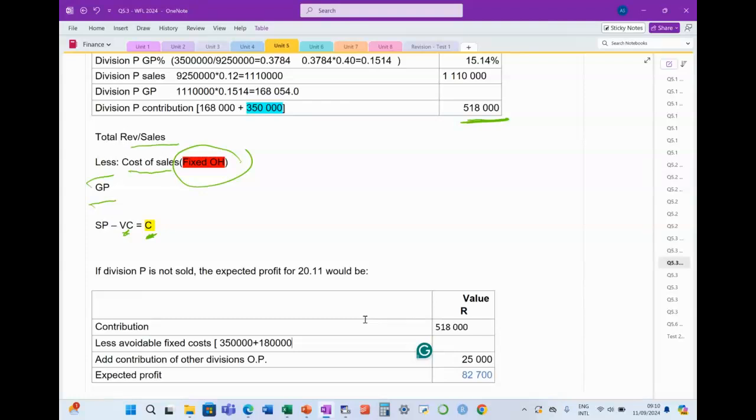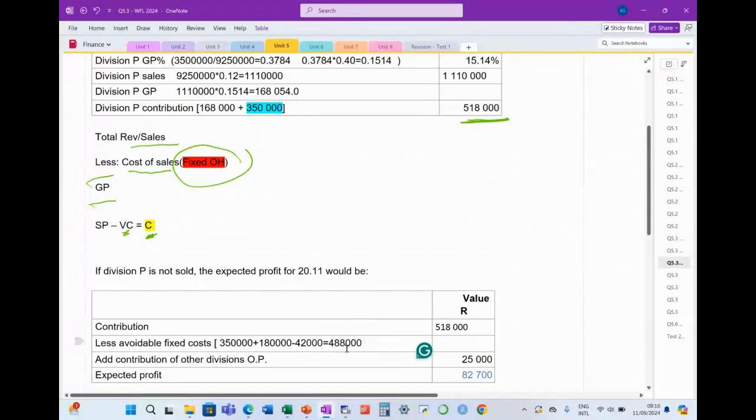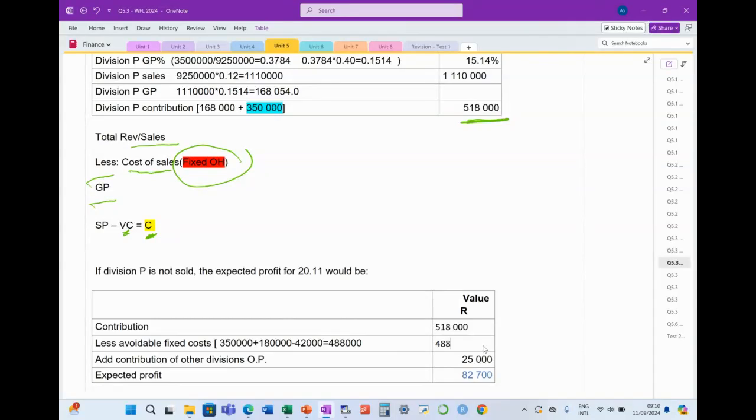And we said that this is a sunk cost. Since it's a sunk cost, regardless of whether we keep the division or sell the division, we are going to incur this cost. So we're going to remove the 42,000. And then you get 88,000, so 488,000.